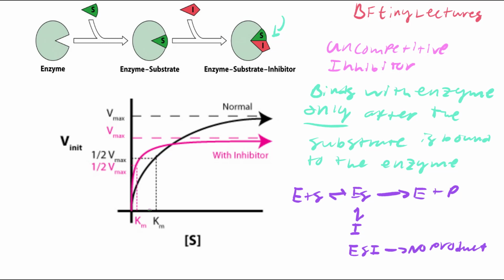Well, it makes sense if you think of it like this. At first, the enzyme is going to want to attract substrates because it doesn't have anything in it. So it's going to connect with the substrate. That's pretty normal. But then the inhibitor is going to join in, and that ruins everything. So perhaps the enzyme wants to seek out more substrates because it has this gap in it.